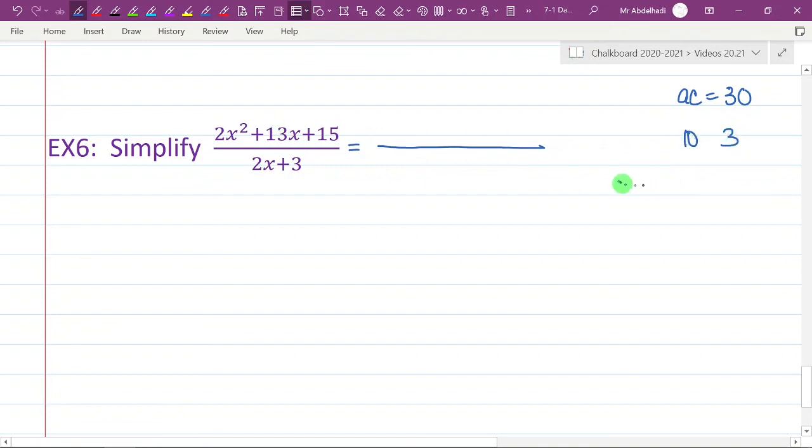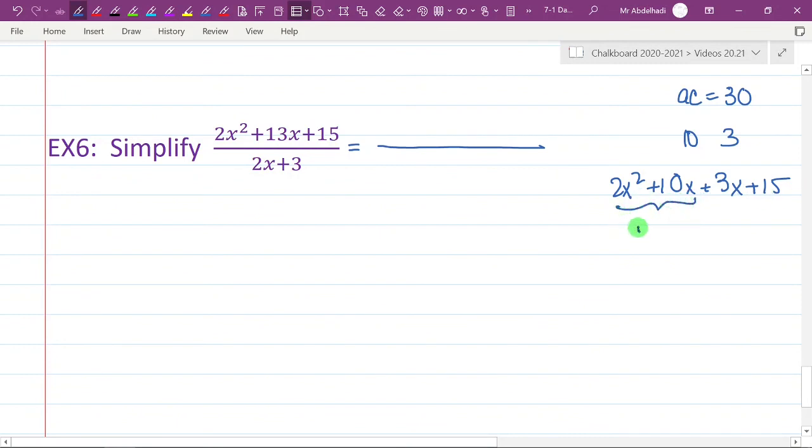So that means the 2x squared plus 13. Notice I'm doing my scrap work off on the side, not messing with my main graded work here. So plus 13x becomes, instead of 13, it's going to become 10x and 3x, right? Plus 15. And now from here, you can factor by grouping. That's what the AC method is, just turning a trinomial into 4 terms so you can factor by grouping.